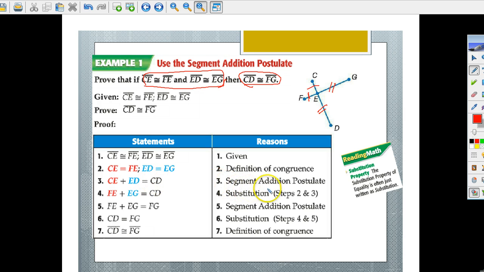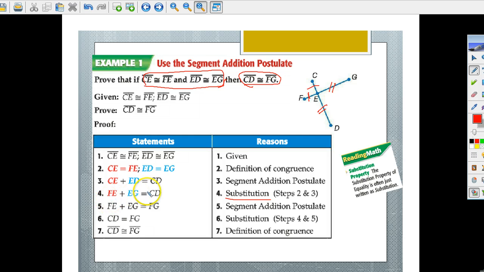That's the segment addition postulate. So CE plus ED is going to equal CD. With that, I'm going to substitute. Instead of CE, I'm going to put FE. Instead of ED, I'm going to put EG. I substituted.